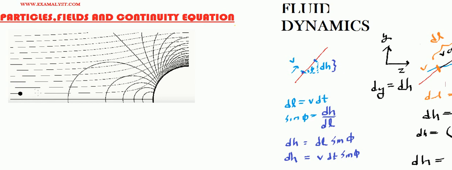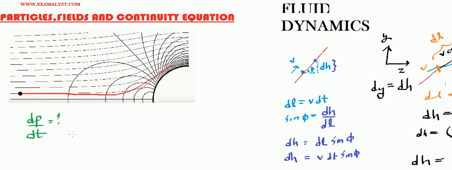Now the question is, this small ball of fluid is going to move along this path. My question is, what is the rate of change of pressure this ball is experiencing when it is moving through this liquid?